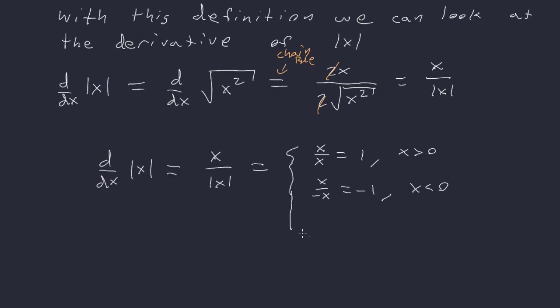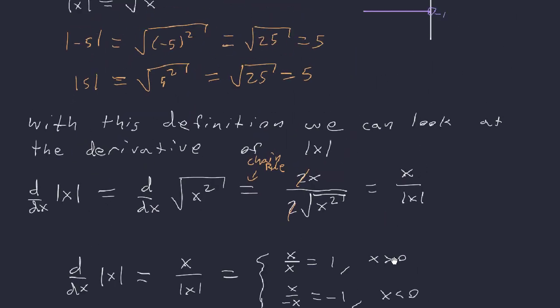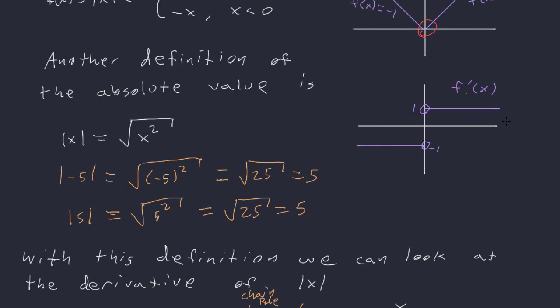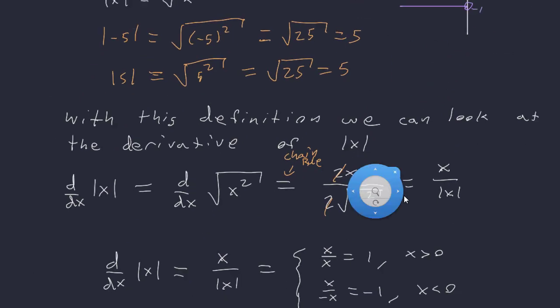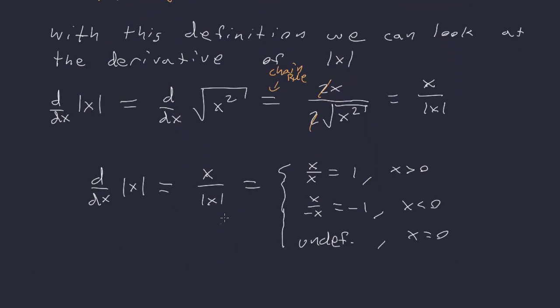And this will be undefined when x is 0 because you'll get 0 over 0. Well, check it out. That's exactly what we had determined before, just looking at the tangent lines and other stuff like that. So the derivative of the absolute value of x is x over the absolute value of x.